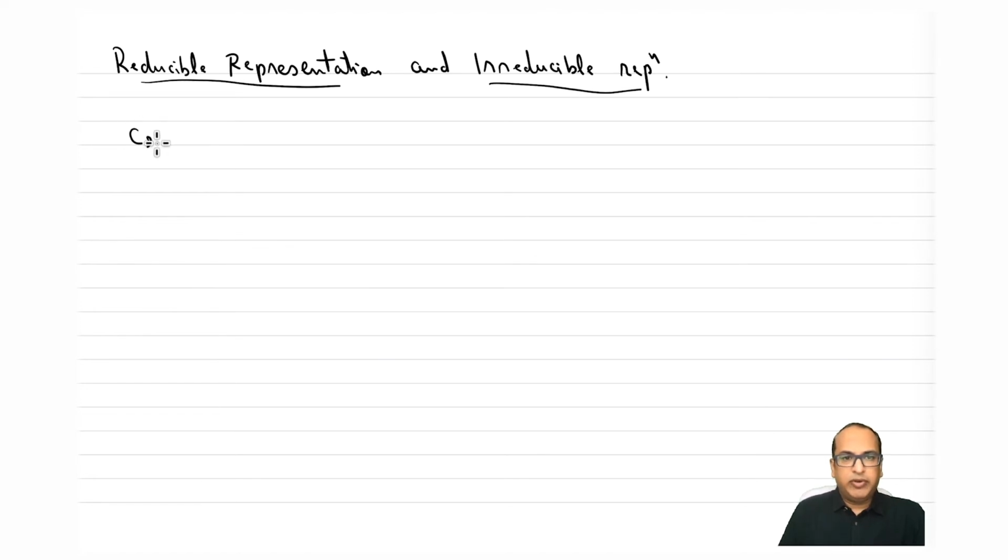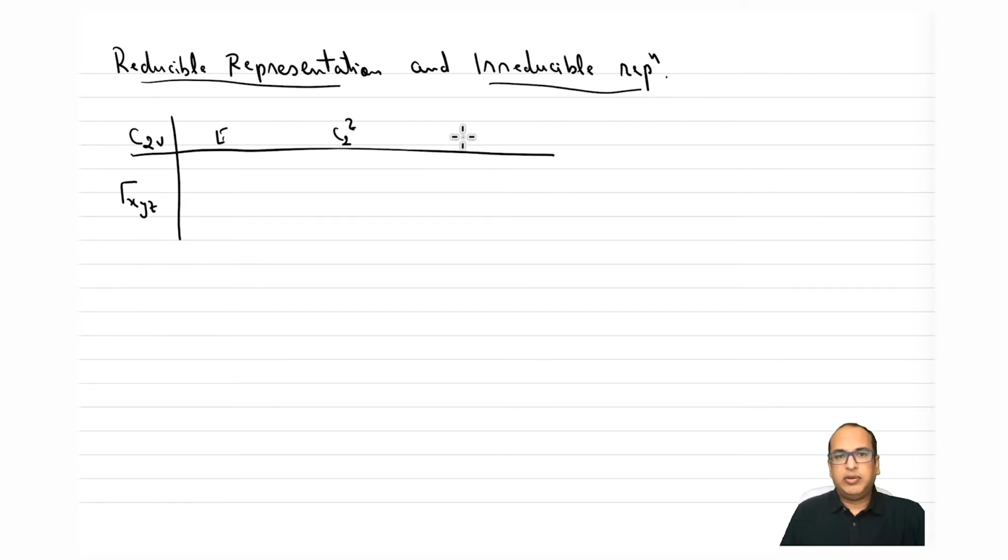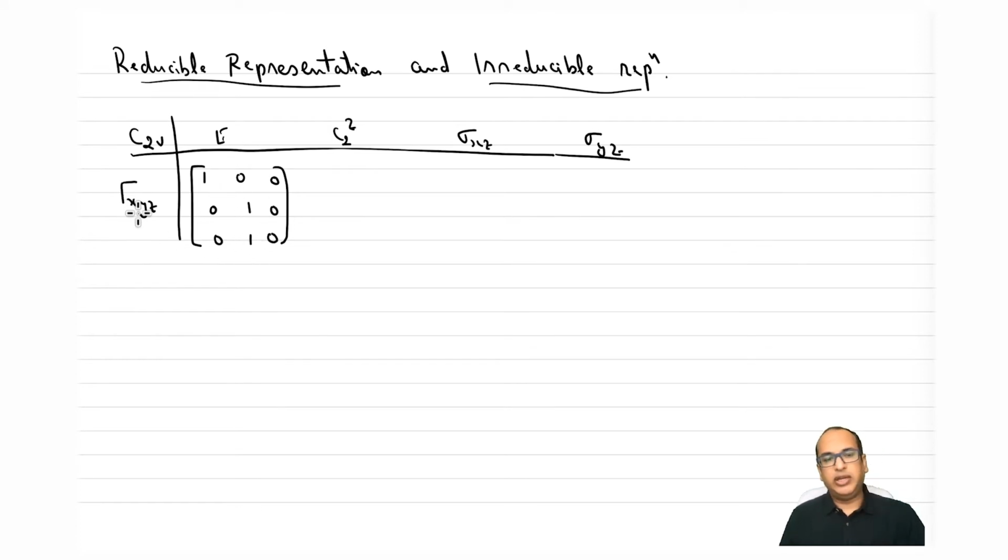So let's say for the C2V point group, when we took XYZ as the basis, what did we have? What were the matrices? The matrices came out to be 1 0 0. This will now be a 3 cross 3 matrix because we have three elements in the basis set. Okay.